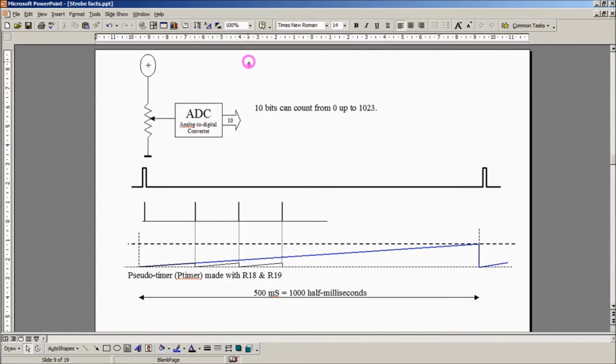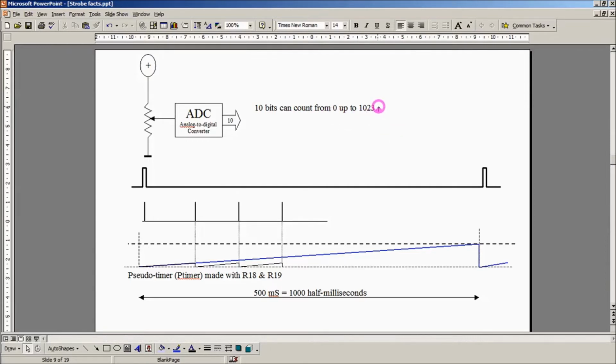Inside the AT-Tiny85 there is an analog to digital converter which I'll refer to as the ADC from now on, and we're going to use it to read a potentiometer which is connected from plus 5 volts down to ground. So that's going to give us a reading according to where we set this, and the reading is a 10-bit reading that comes out of the ADC. 10 bits can count from 0 up to 1023.